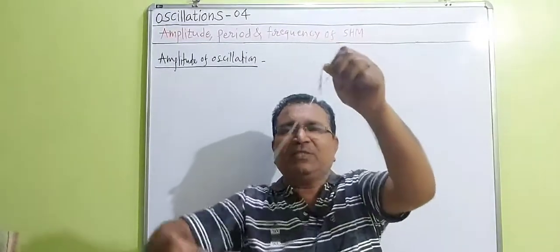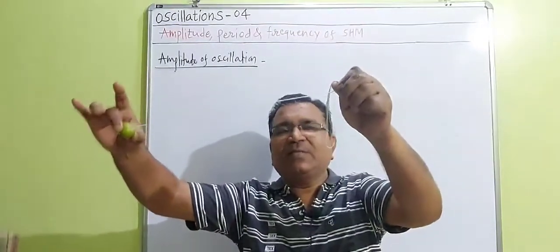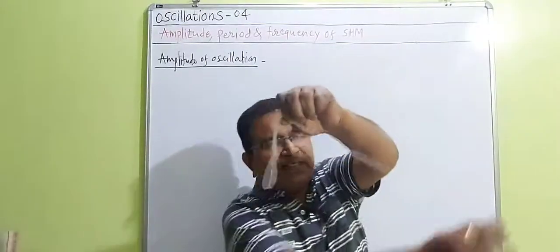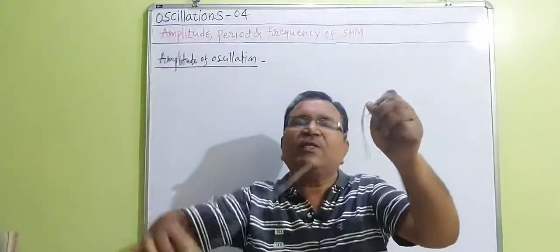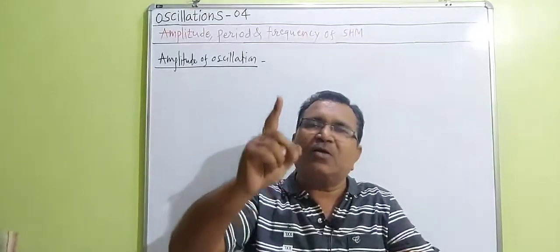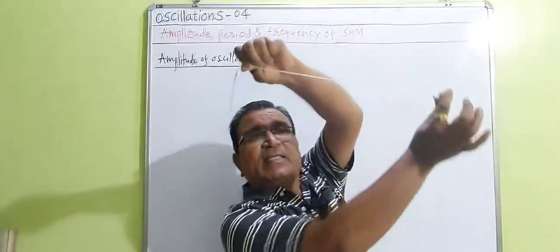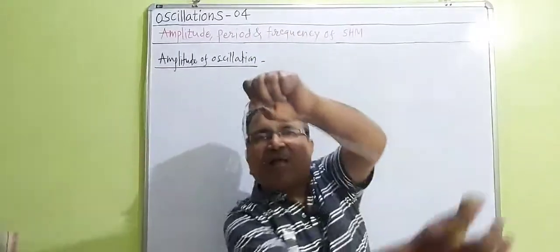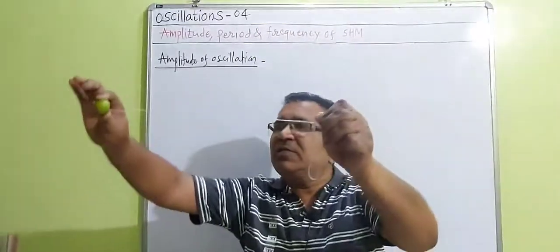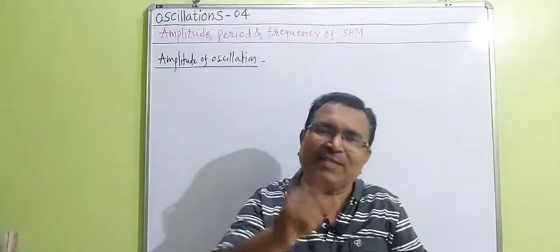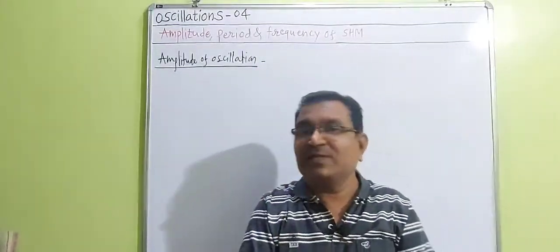Here is the mean position, here is the maximum displacement, and the distance between the two extreme positions we call the path of SHM. This is the complete path of SHM along which the body is oscillating.